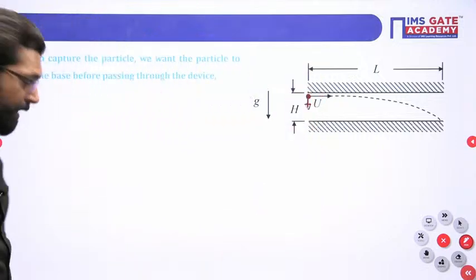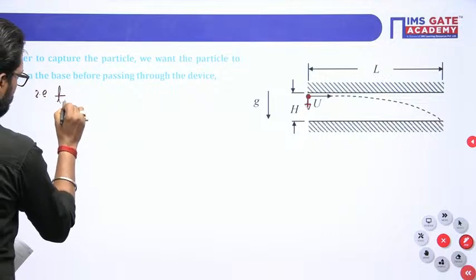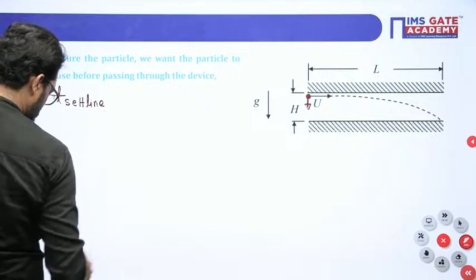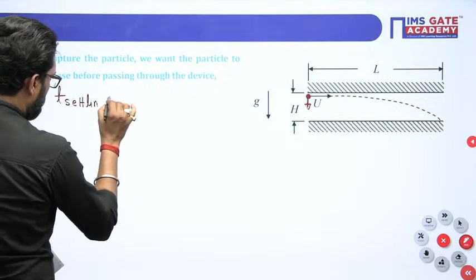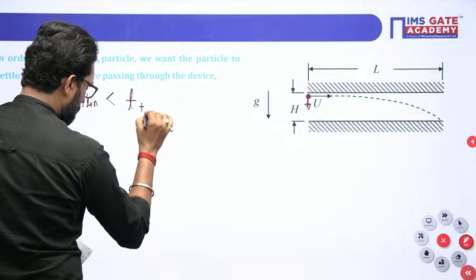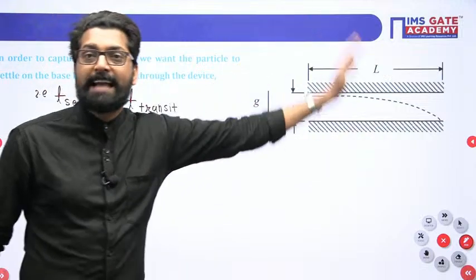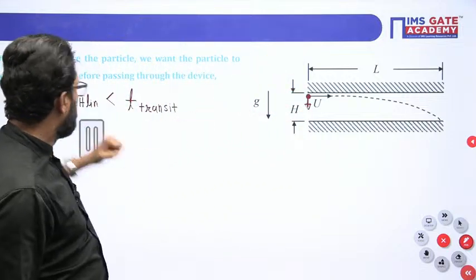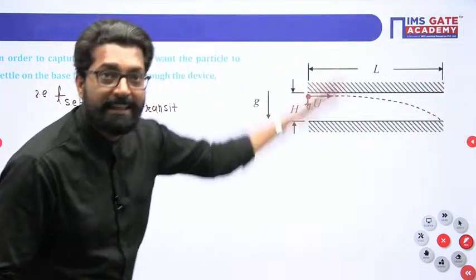So you must have the time of settling less than the time of transit, so that all the particles will be captured and settle down.